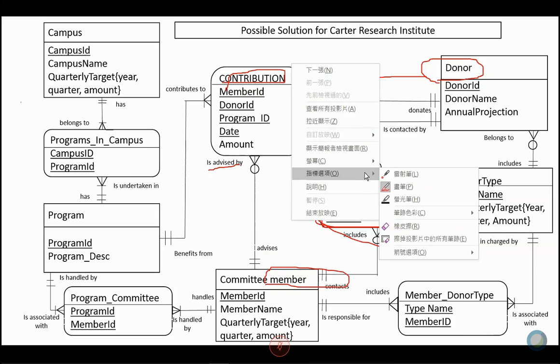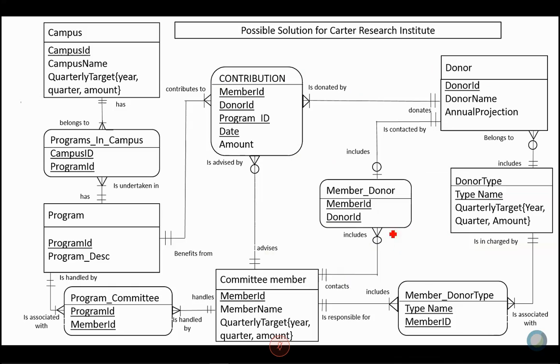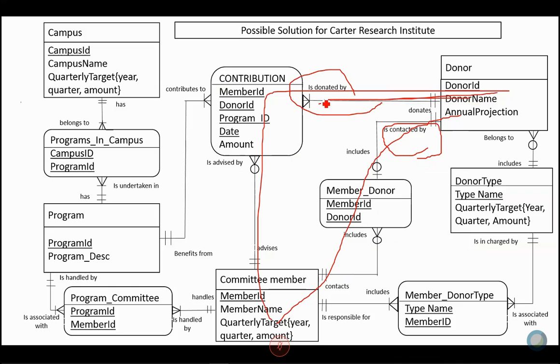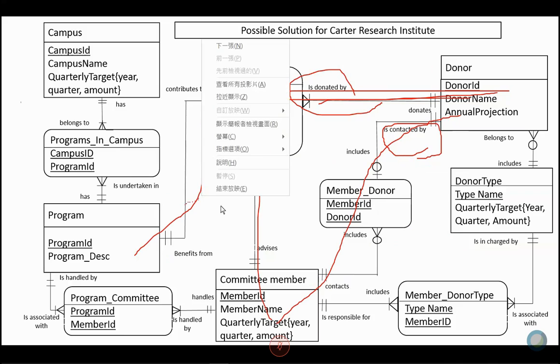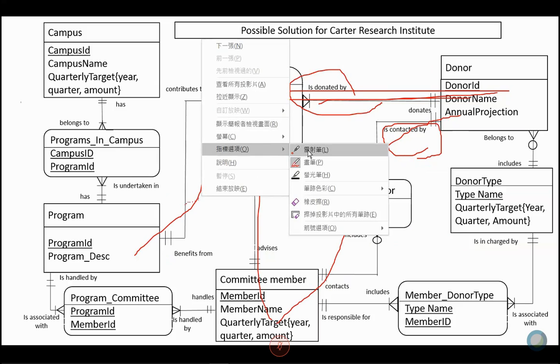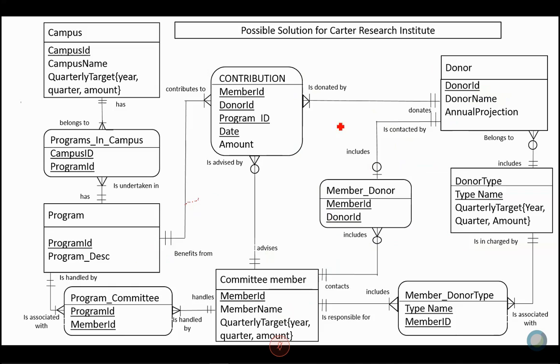That's pointed out in the case. That's why these two relationships are represented by 2 separate lines. This is a very subtle nuance in the case that I want to point out to you. All right, so this is the right answer for the case. This is the right ER diagram.